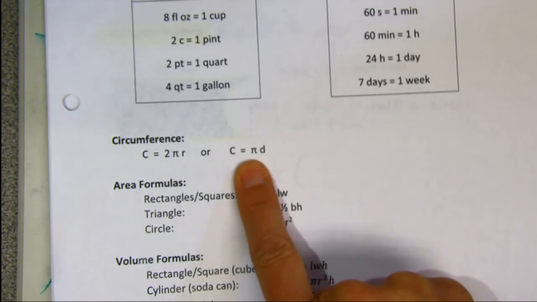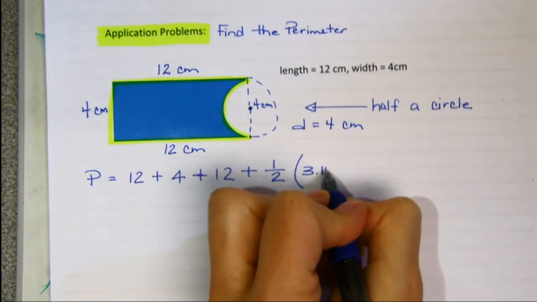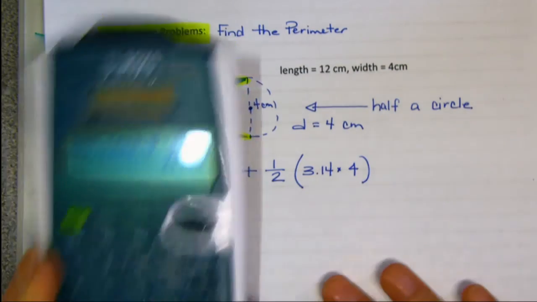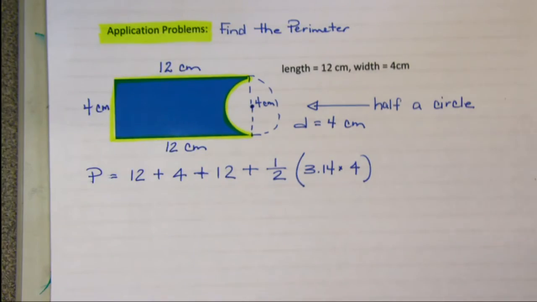So I'm going to use this formula, pi 3.14 times diameter is 4. And I can put all of that into my calculator. 12 plus 4 plus 12 plus 1/2, open parentheses, 3.14 times 4, close parentheses, and I get 34.28.